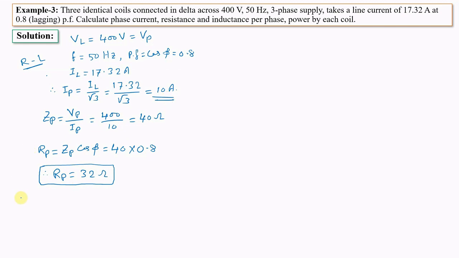Next, the inductive reactance per phase, that can be written as Z phase sin phi. As the power factor, that is cos phi, is equal to 0.8, therefore the sin phi will be equal to 0.6.